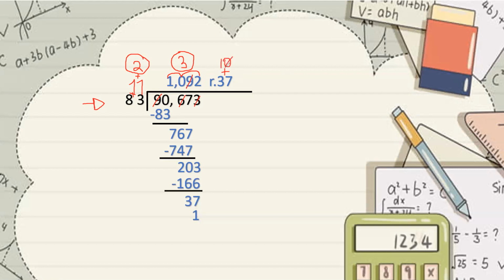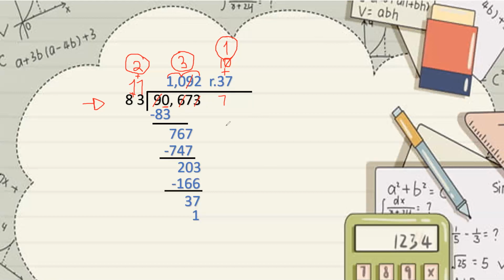We don't write 0, so just 1. Okay? Now in this one, this is the missing number, so we have to write 0. Then 7, 0 plus 7, 7.